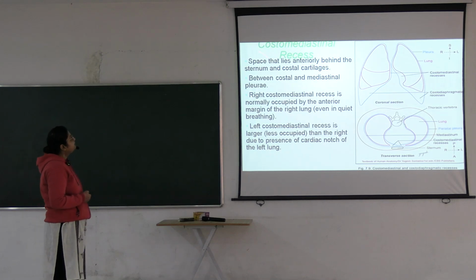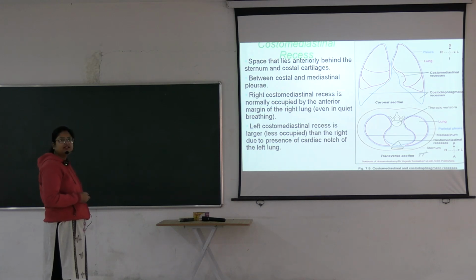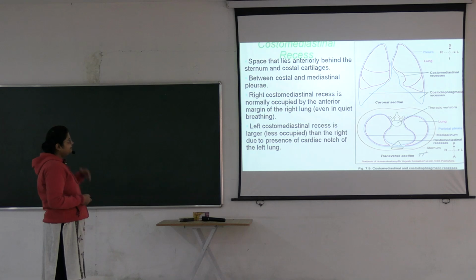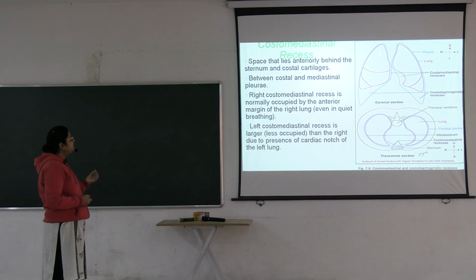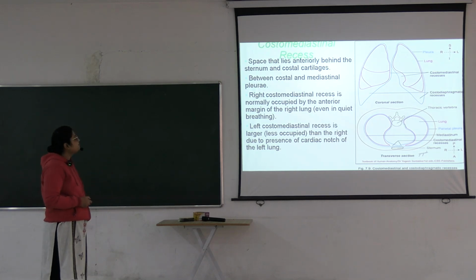So, next we go to the costomediastinal recess. It is the space that lies anteriorly behind the sternum and the costal cartilages, between costal and mediastinal pleura. The costodiaphragmatic recess was lying mainly posteriorly or laterally, and this costomediastinal recess is lying mainly anteriorly.